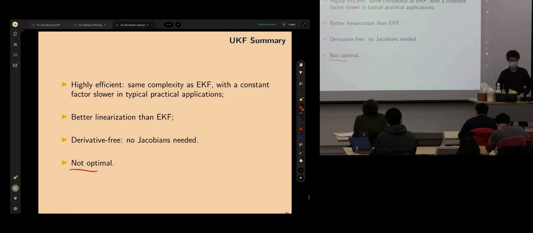Another thing is that EKF is potentially faster. Maybe you do have really good models and you can derive the Jacobians, and it can be potentially faster. But generally, if you want to make sure this will work better, maybe you can go with UKF.